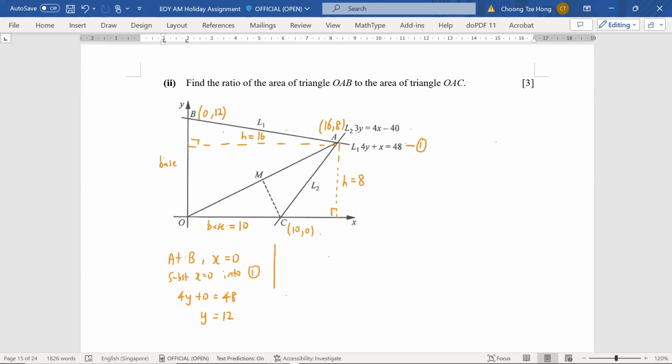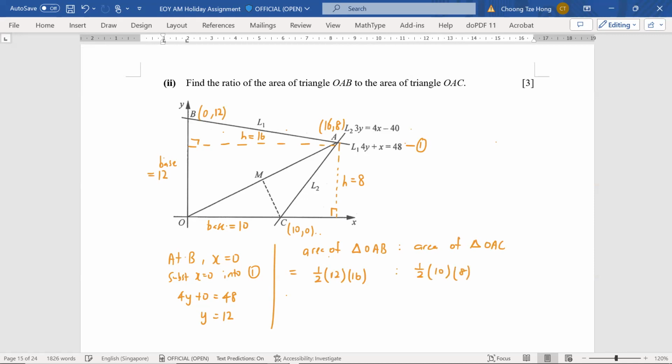So let's do the working over here. The area of triangle OAB is to the area of triangle OAC. The area of triangle OAB is half times base times height. The base is 12, the y-coordinate of point B, and the height is 16. This is to half times 10 times 8.